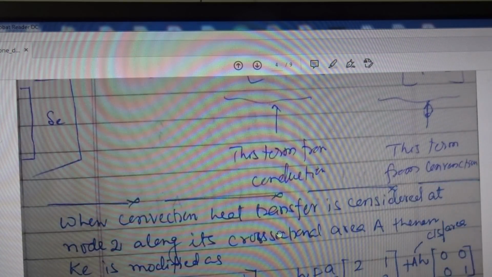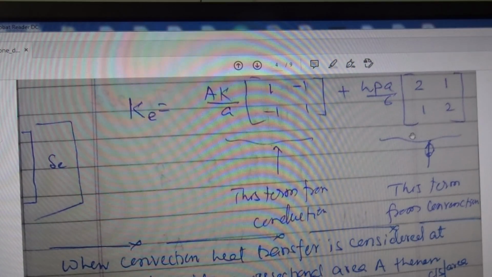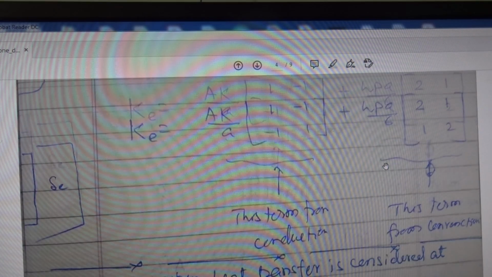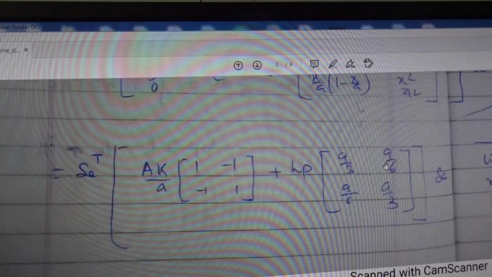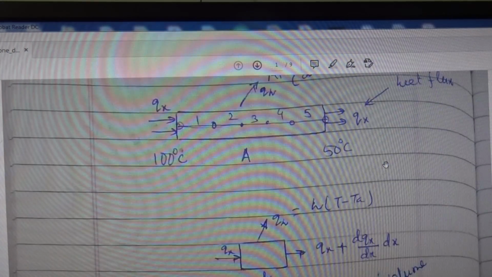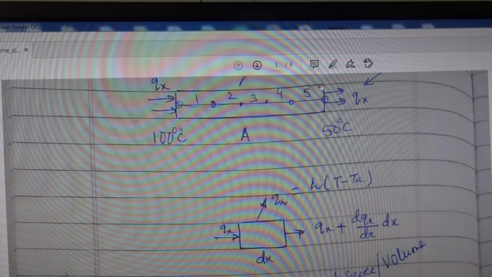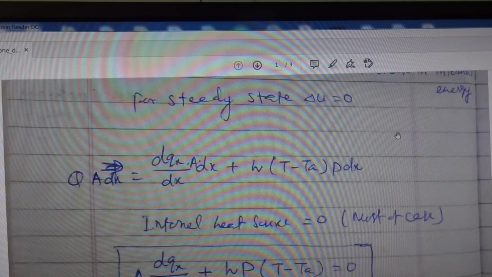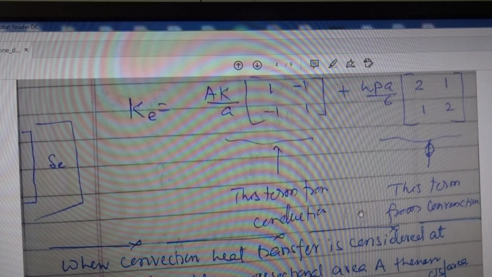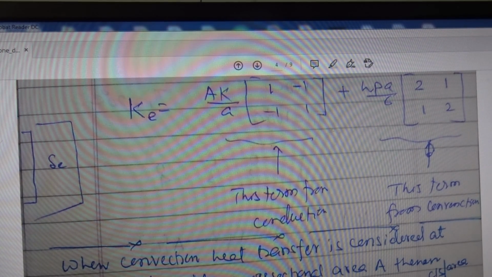In this case, suppose convection heat transfer is not considered at the side, at the cross-sectional area, but if you consider heat transfer at this end, convection heat transfer, you have to add one more term: K is equal to A k/L [1 -1; -1 1] plus hP A L/6 [2 1; 1 2] plus A h [0 0; 0 1].